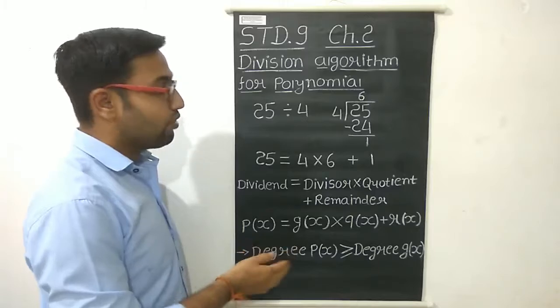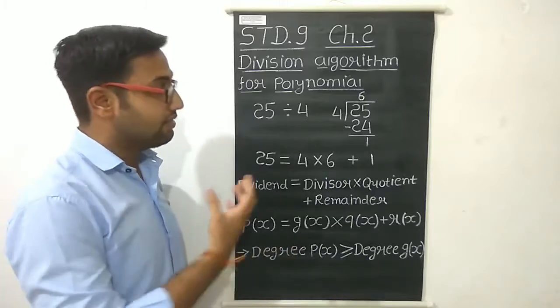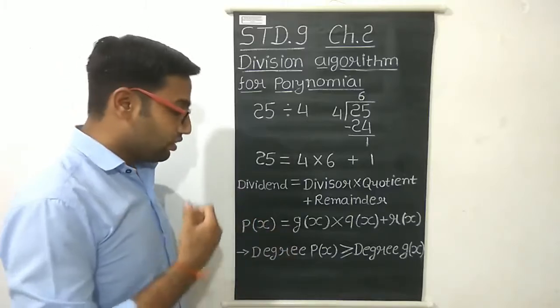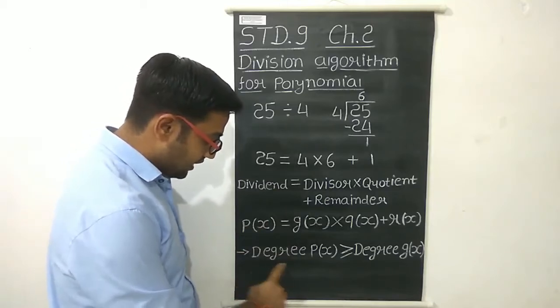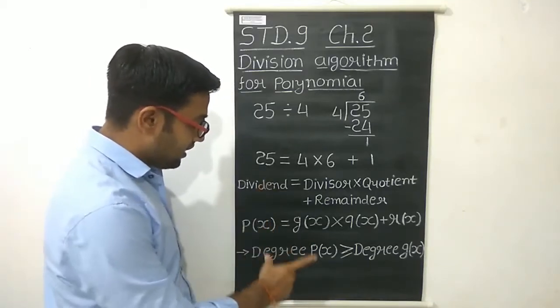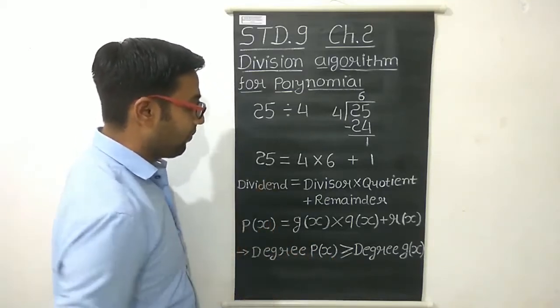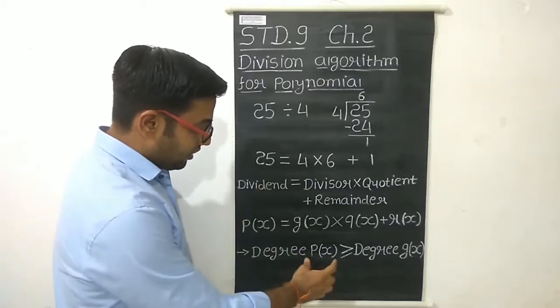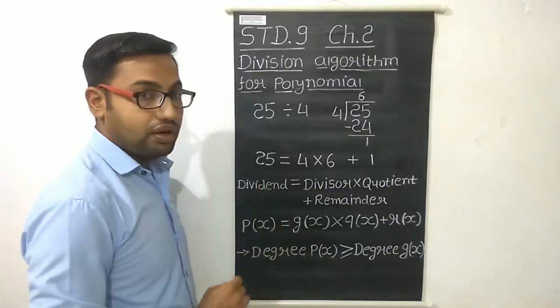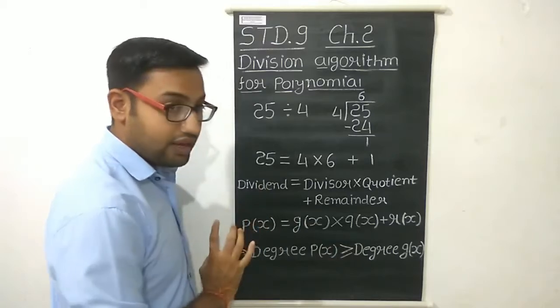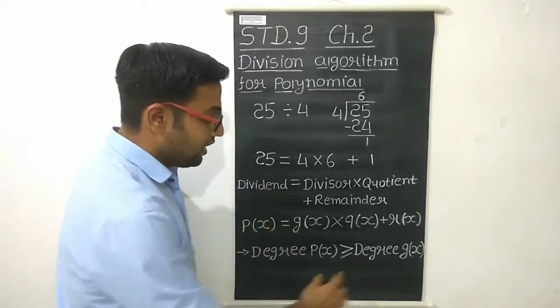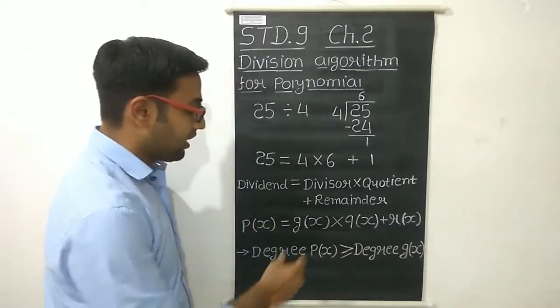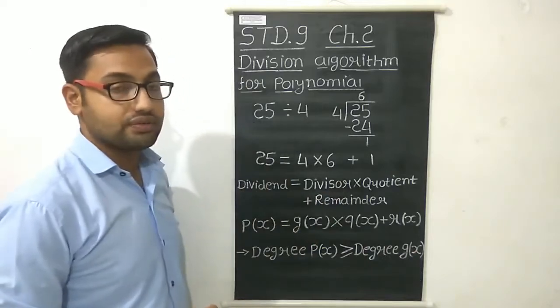If so, how do we check for polynomials whether division is possible or not? To check that, we have to check the degree of the dividend polynomial, that is p of x. The degree of the dividend polynomial must be greater than or equal to the degree of g of x, that means the degree of the divisor.